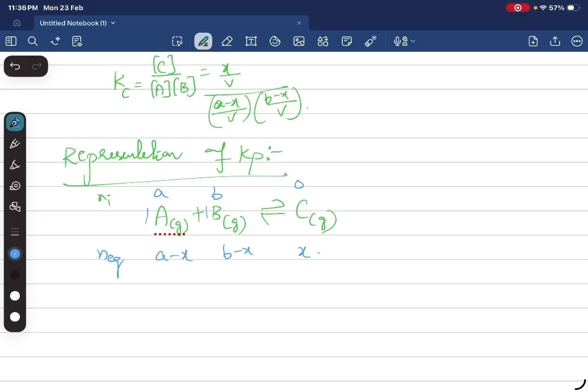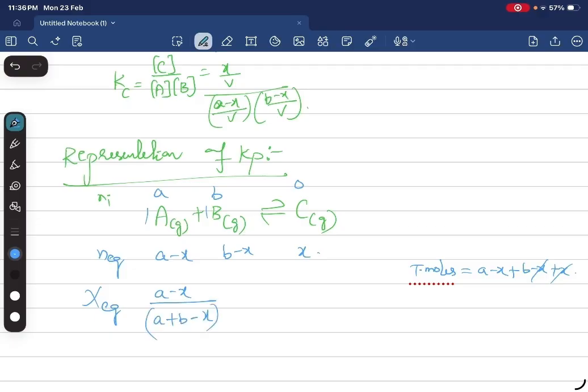Here a different term will come, that is the mole fraction at equilibrium, that is moles of A by total moles. Total moles equals A minus x plus B minus x plus x, so A plus B minus x.